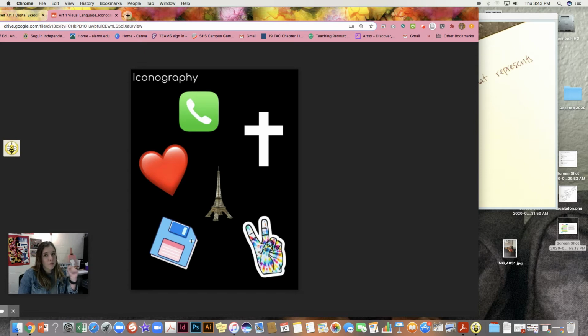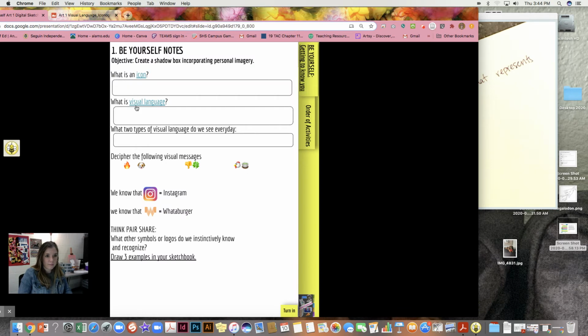I am almost positive none of you have ever touched or seen an actual floppy disk in your life, but this is used as a save symbol for a lot of programs like Microsoft Word. We know what a peace sign is. We recognize this as the Eiffel Tower as a symbol of France, and then we recognize the cross as a symbol of Christianity. So these are all icons or symbols that represent something.